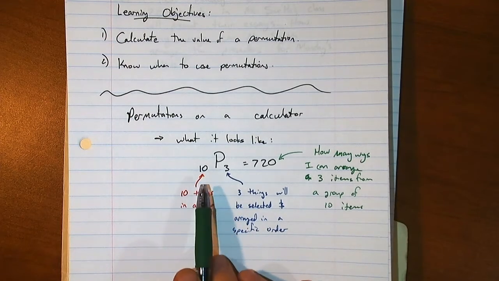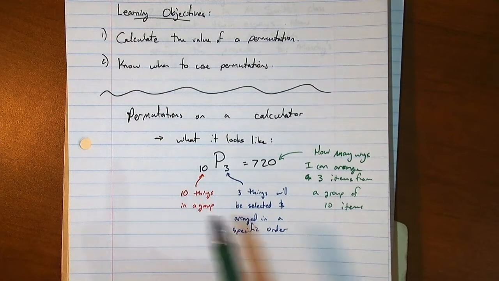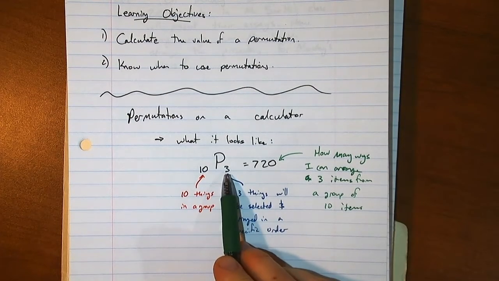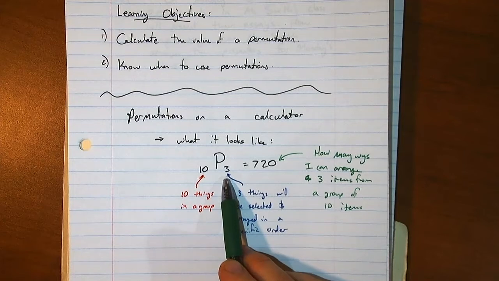Maybe one time I have a race where the US runner gets the gold and the Canadian gets the silver and the French runner gets the bronze. That would be one outcome. A different outcome would be if those same 3 people finish, but in a different order. Maybe the Canadian gets the gold and the US runner gets the silver and the French runner gets the bronze. That would be a different outcome.